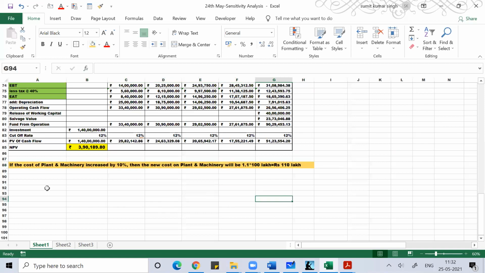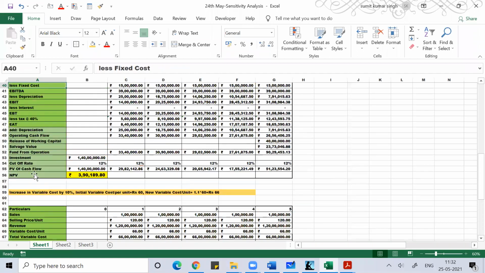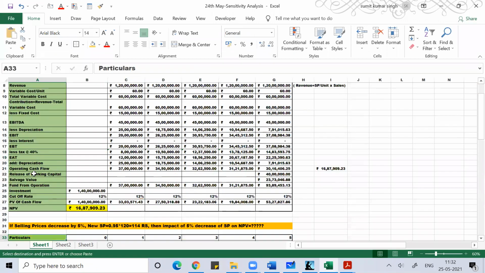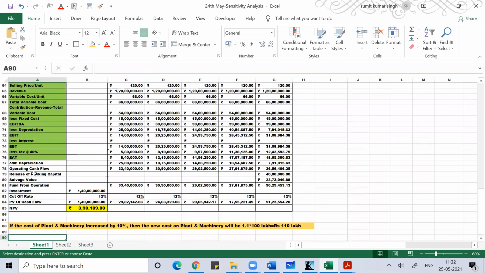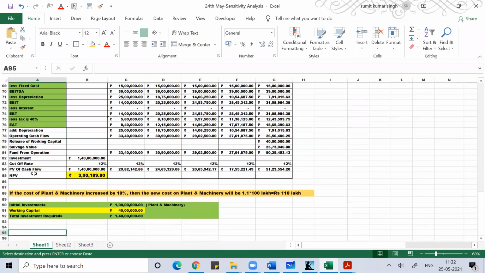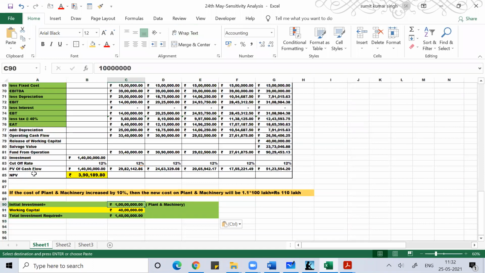Any doubt, anyone? So if you increase it by 10%.